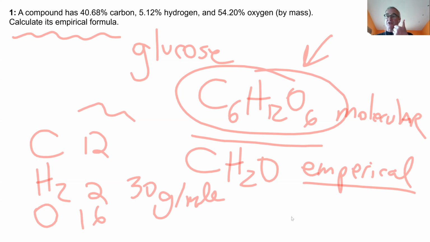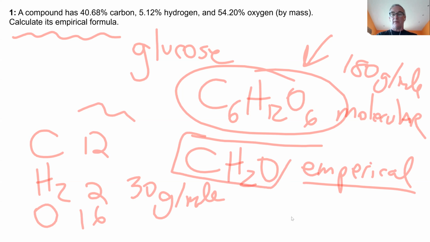But if we were able to measure the molar mass of a sample of glucose, we would see it's actually 180 grams per mole, or 6 times as much. So that's why we would take this empirical formula and multiply everything in it by 6 and give us C6H12O6.